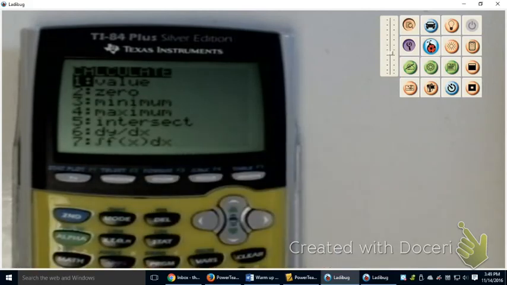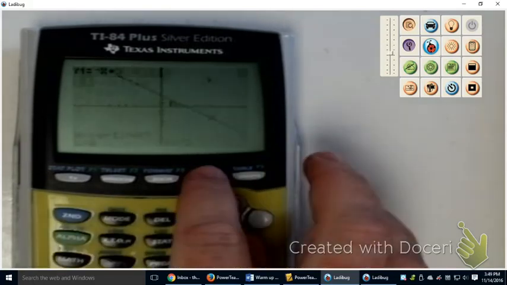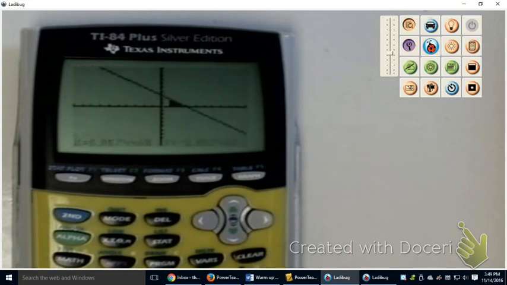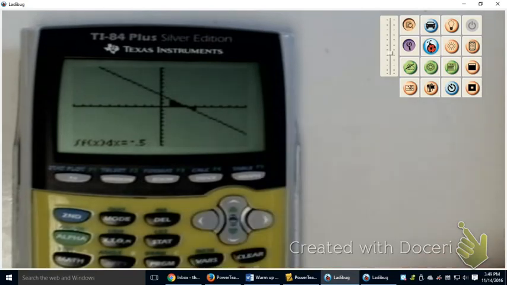Then I'm going to go from 3 to 4, and I got negative 0.5, so the area is going to be the 2 plus 0.5, so you get 2.5 instead of 1.5 for the area, if that's what it was asking.